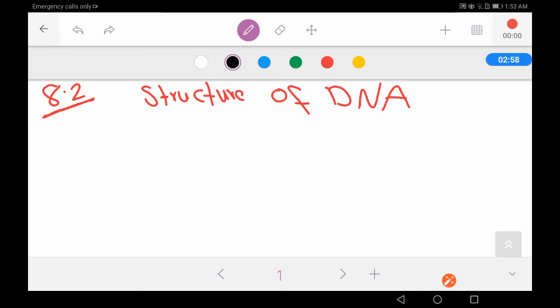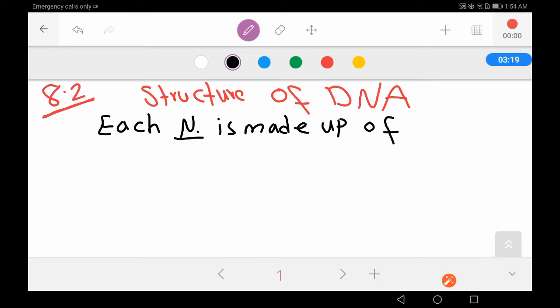And what we have to know about the nucleotides is that each nucleotide, okay, I'll write it by N, it means nucleotide, is made up of 3 parts.